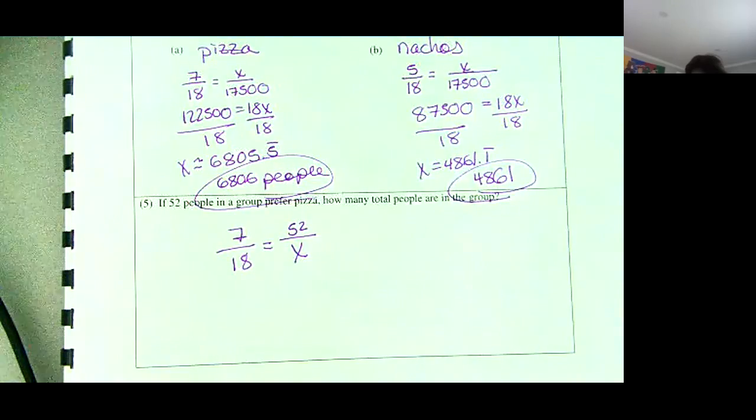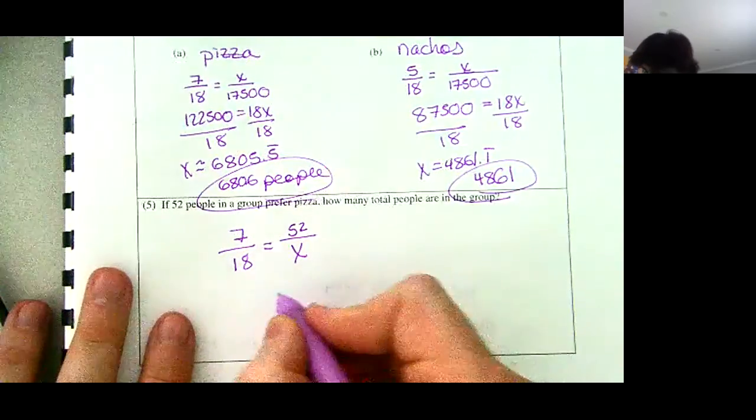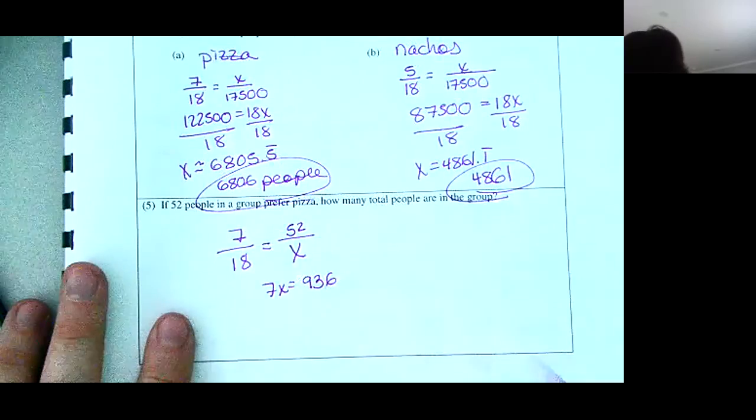And after this, we'll do our math break. Seven x equals 936, I believe.